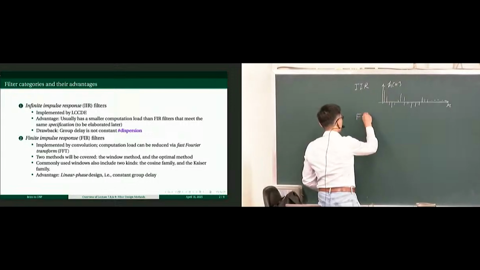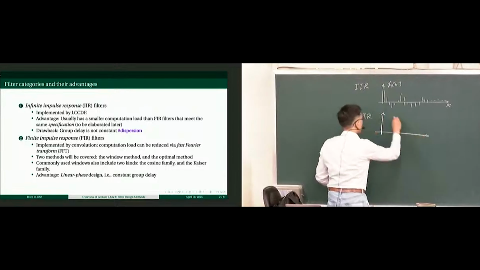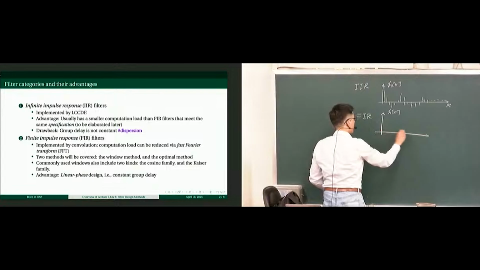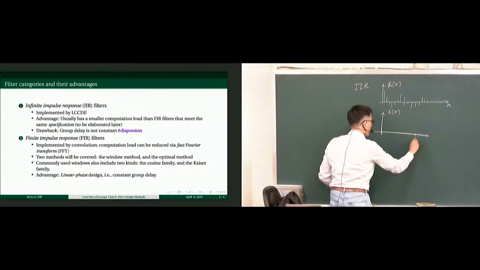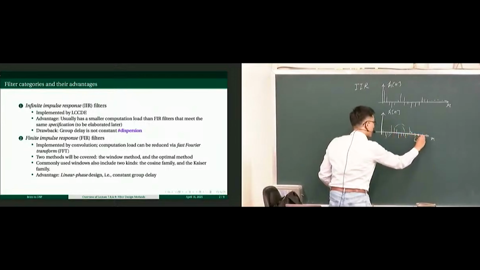In contrast, FIR means if we plot the impulse response, then starting from time 0 to maybe a finite length L, the filter can have L plus 1 samples, but after time L, everything is 0.